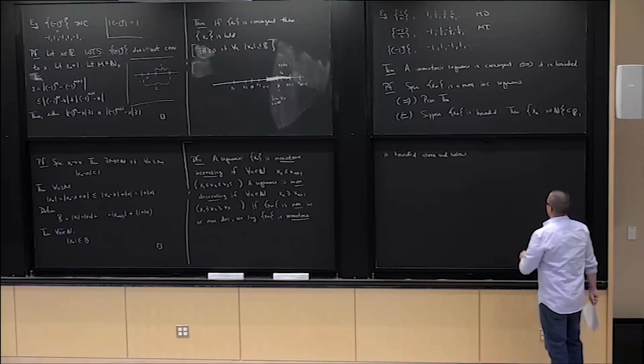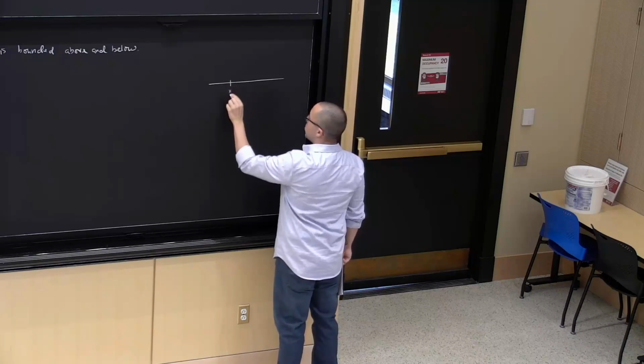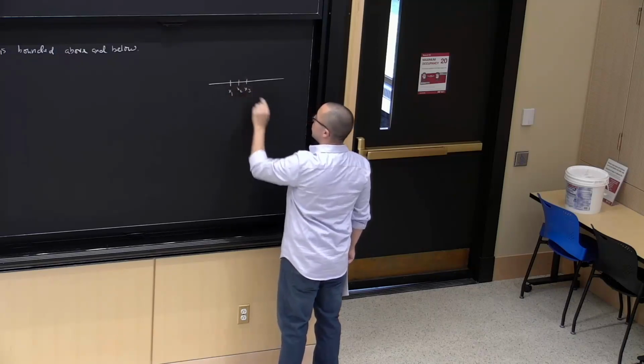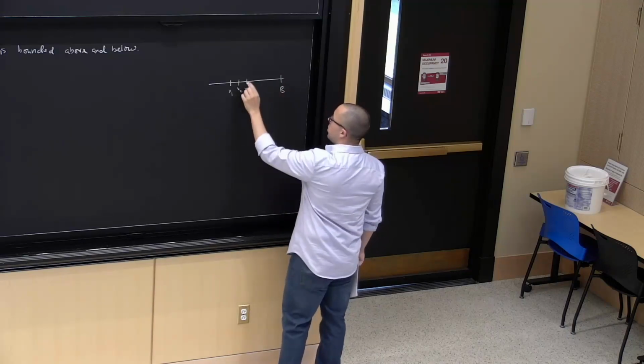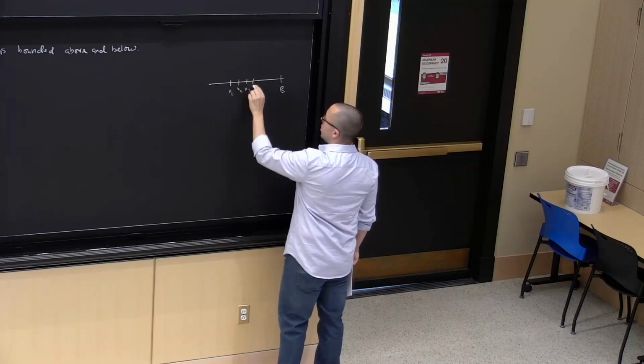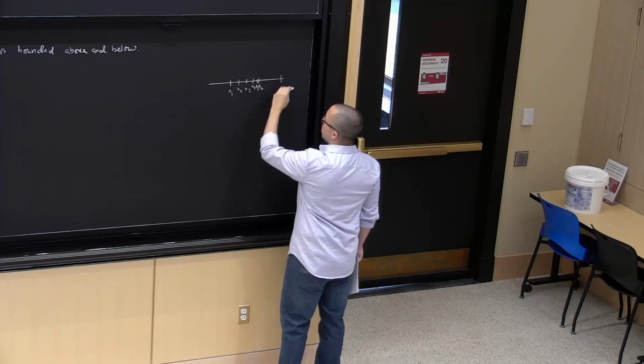All right, so what's the picture again that goes with this? So we have these x sub n's, x sub 1, x sub 2, x sub 3. We know that they cannot go past a certain B, and they're steadily increasing, but they can't increase without bound.